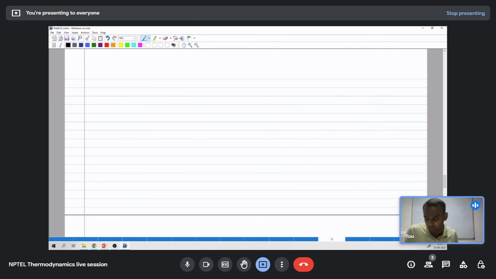So now we have a system of water at 20 degrees Celsius, and this has to be converted to ice at minus 5 degrees Celsius. So for doing this process we will have temperature change from 20 degrees Celsius to 0 degrees Celsius, and at 0 degrees Celsius there is some phase change.